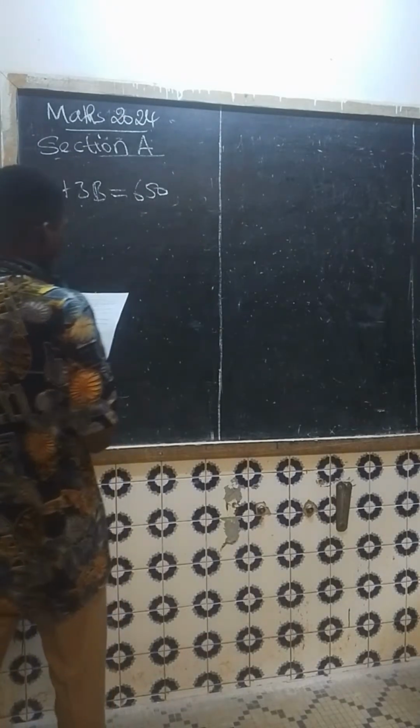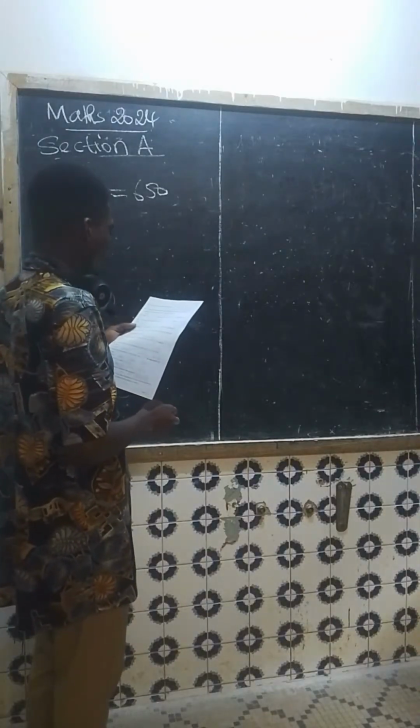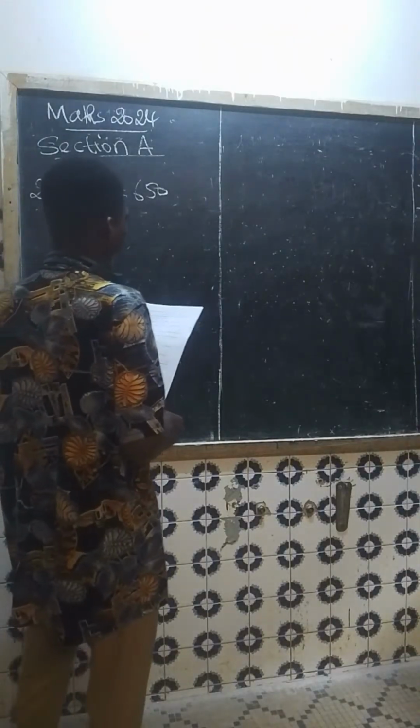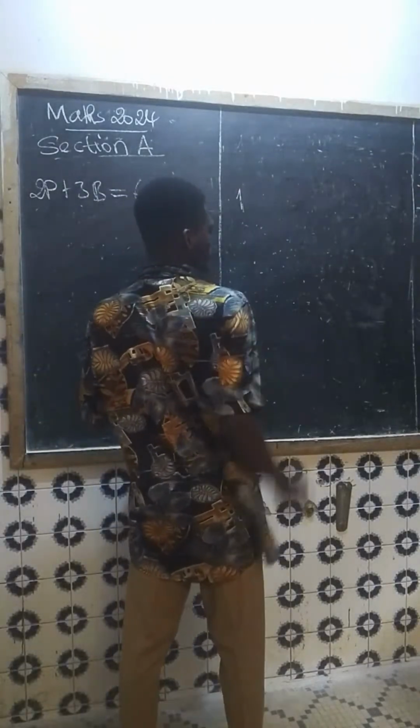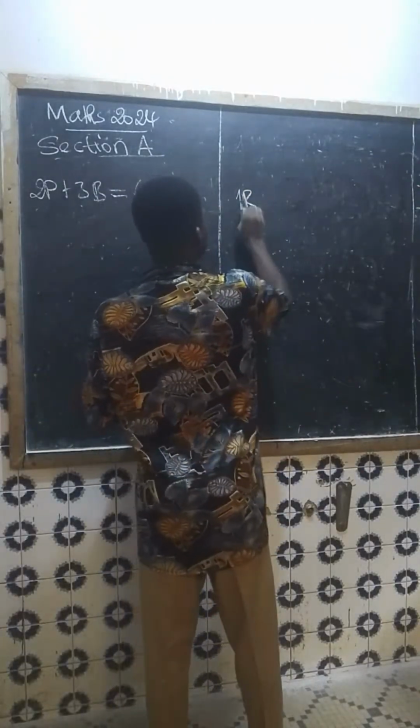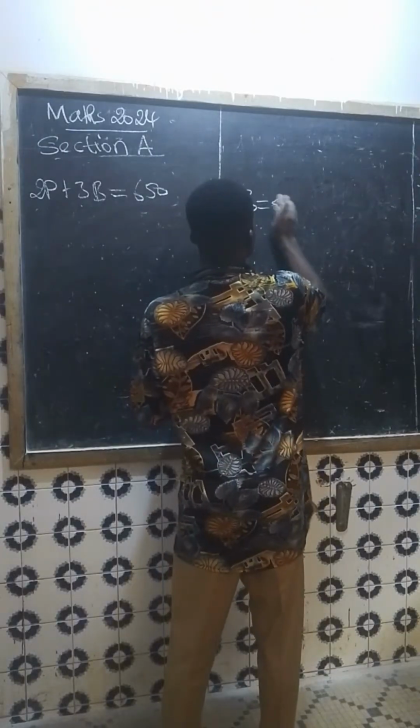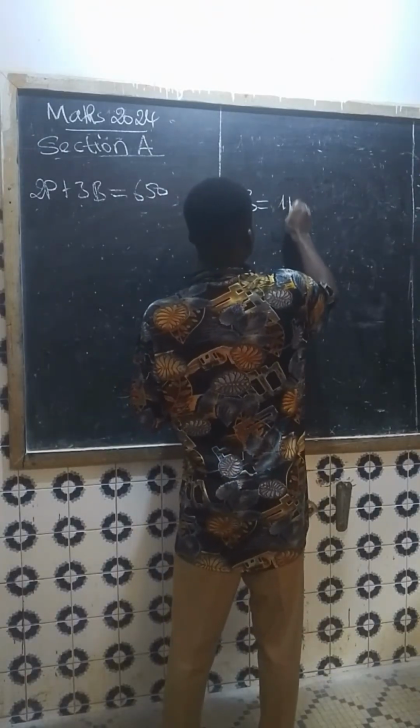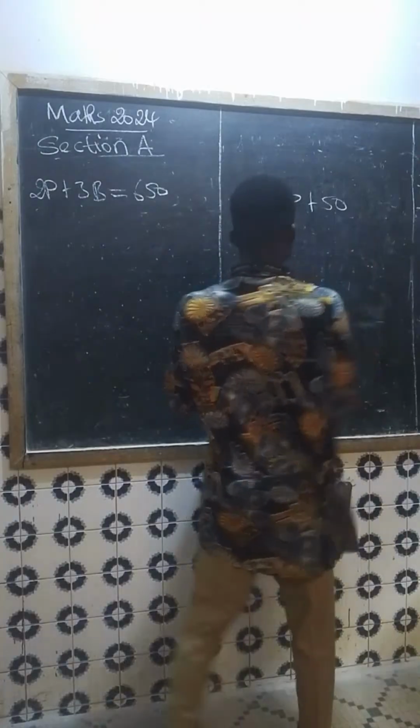Given that the cost of 1 book is 50 francs more than the cost of a pen, meaning that 1 book is 1 pen plus 50.